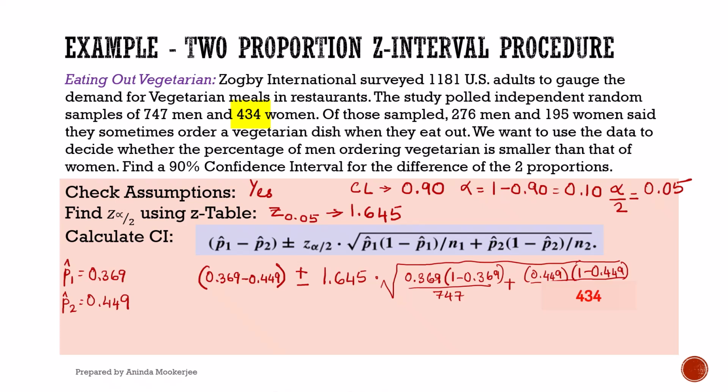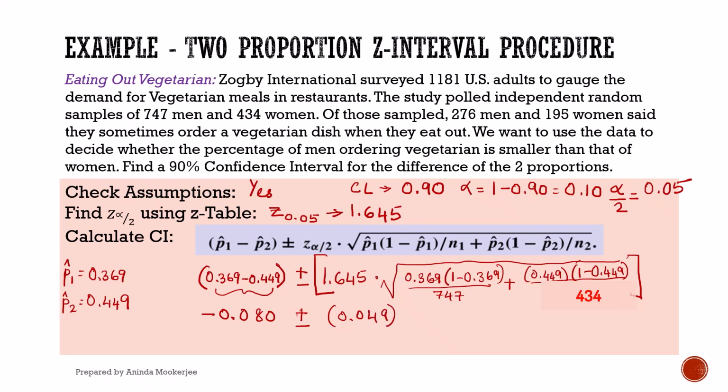So once you complete the calculation, let's find what the value of the margin of error is. So margin of error is what we add and subtract from the point estimate, correct? So P hat sub 1 minus P hat sub 2, which is the difference of these two proportion values, is going to be negative 0.080. And this calculation of the margin of error comes to 0.049.